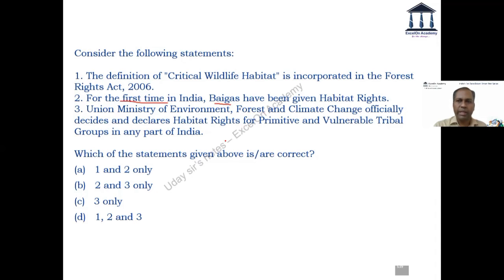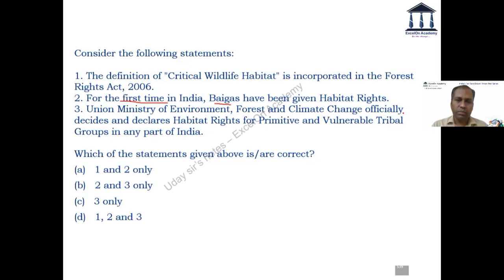Okay. Any idea how you would approach this question? Critical wildlife habitat. I also realized that while talking about the Forest Rights Act, I have not touched on critical wildlife habitat as a term.